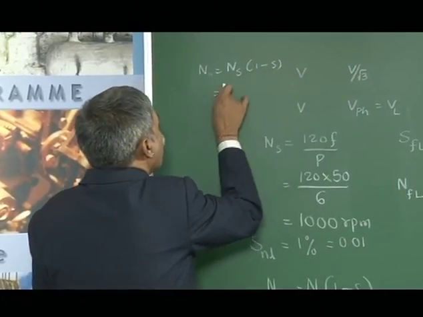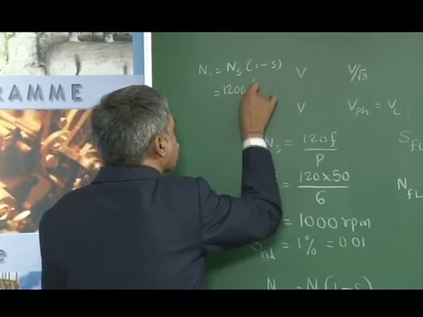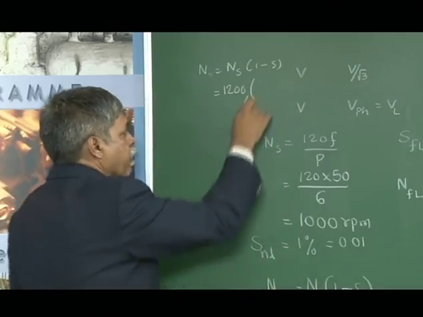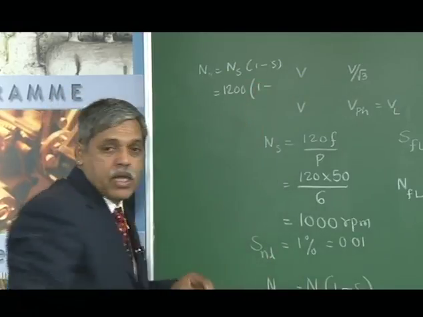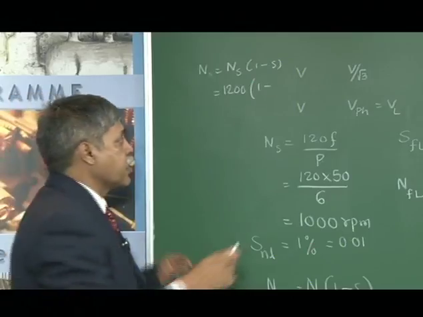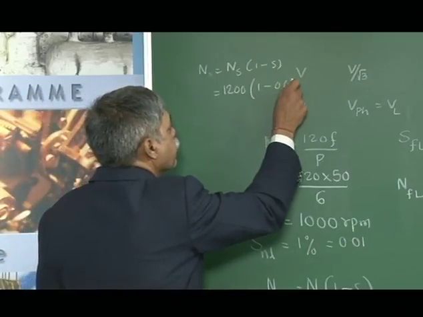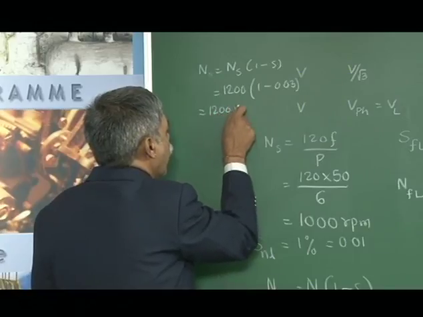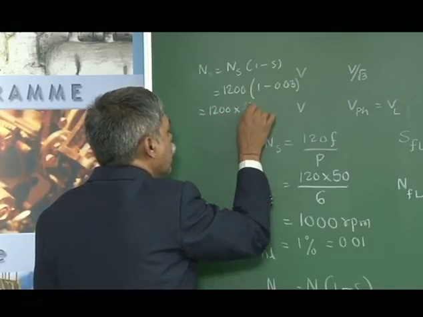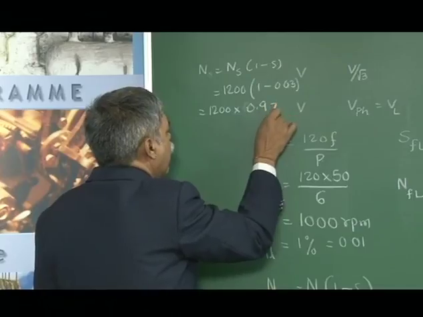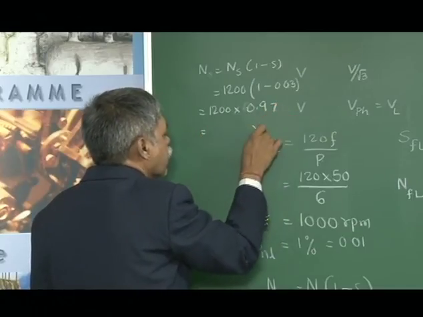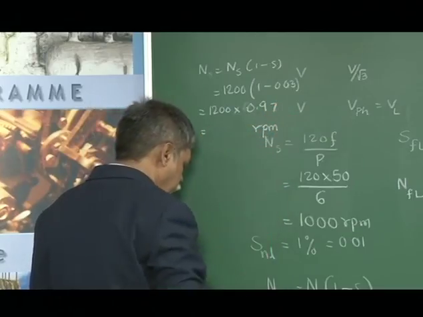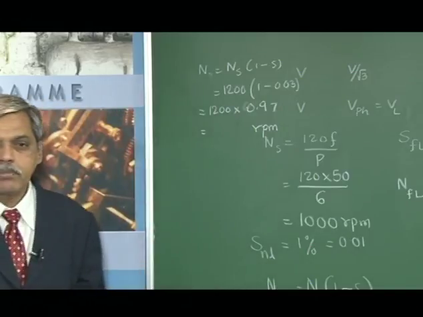So here 1200 is the synchronous speed, multiplied by 1 minus the slip, which is given as 3%, so 0.03. So this gives us 1200 multiplied by 0.97. The product will give you the speed of the induction motor in revolutions per minute.